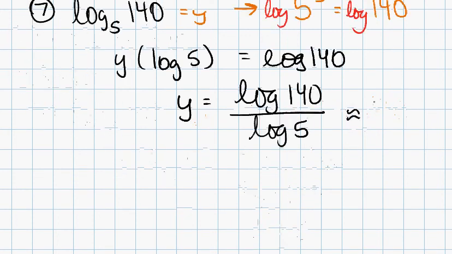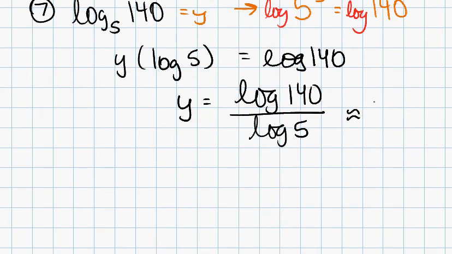Which you can use in your calculator. Log 140 divided by log 5. Again, close your parentheses or you'll get the wrong answer. It is 3.0704.